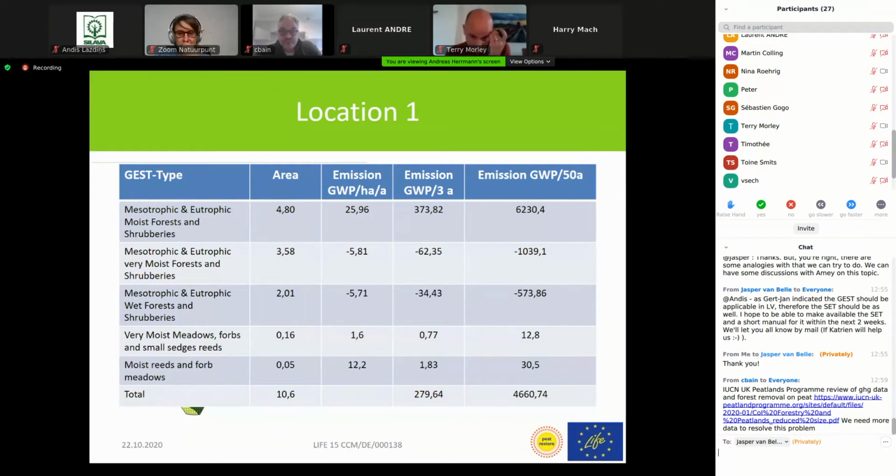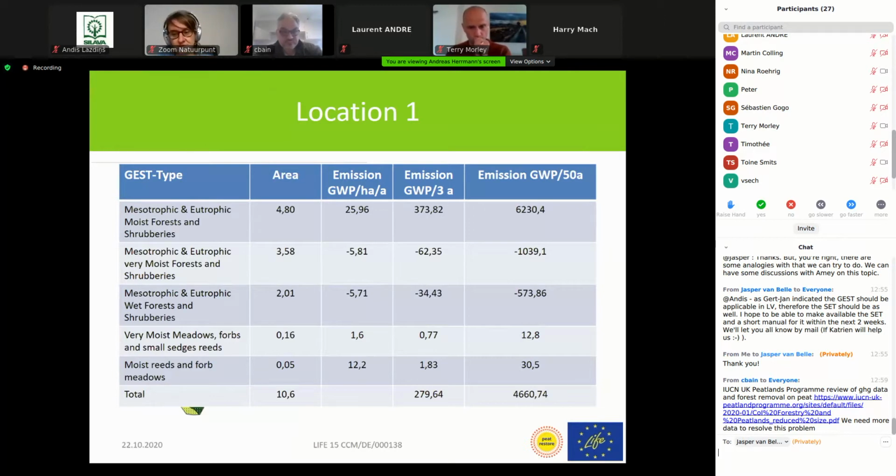We calculated the area which covered the sites with the different gas types, and then we have an emission factor, or a gas factor here. And we come to the emission. This sums up the calculated emission for the next 3 years, and then we have another, the global warming potential for the next 50 years.